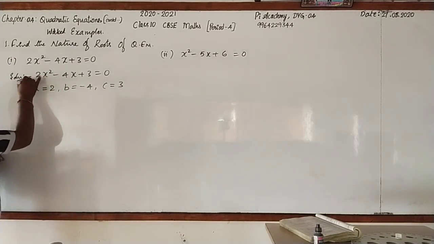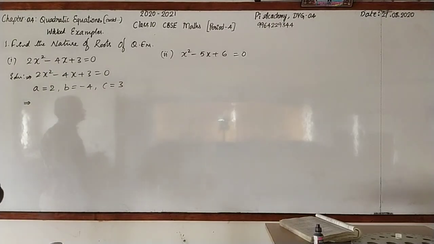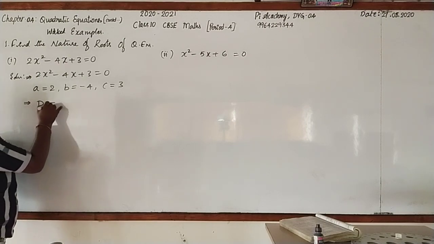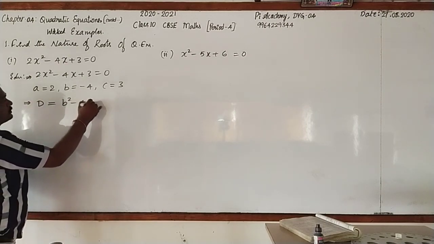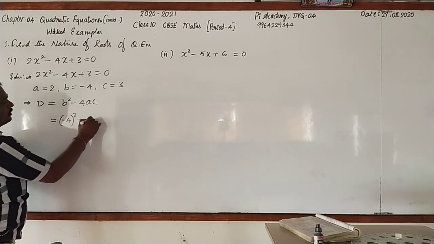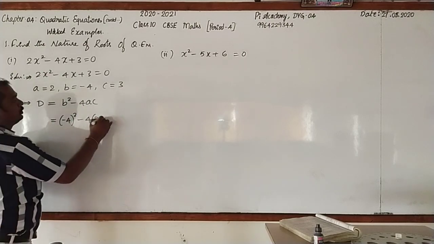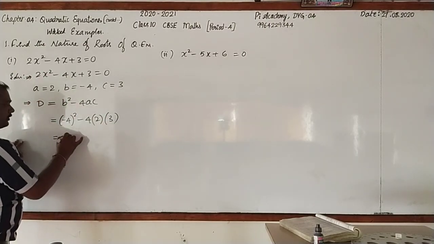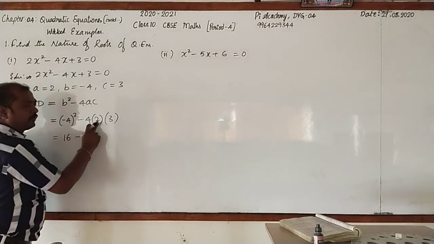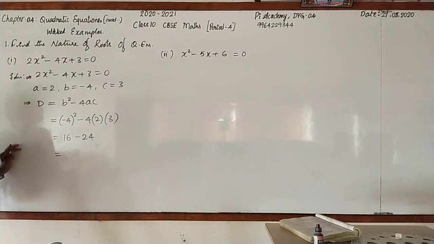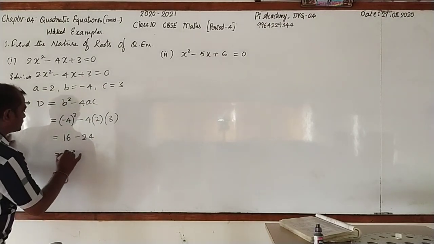Then how do you go for deciding the nature of roots of a quadratic equation? Yes, you are right, by finding the discriminant. What is it? D is equal to b square minus 4ac, where b is minus 4 whole square, 4 into a is 2, c is 3, right? Minus 4 whole square is 16. 4 2s are 8, 8 3s are 24. 16 minus 24 is minus 8.